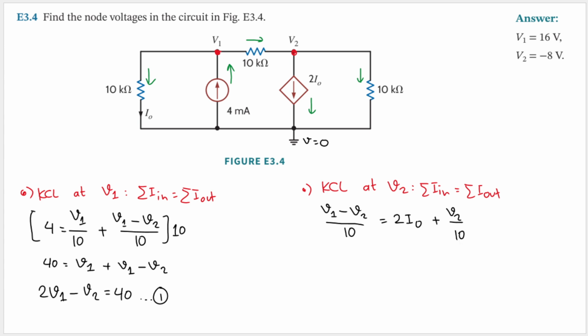But we have I0 here. What is I0? I0 is the current here, so we can calculate that by using V1 minus 0 divided by 10. Okay, let's plug that in.